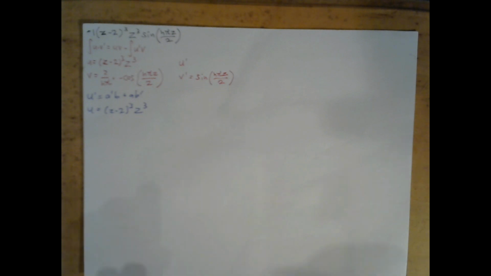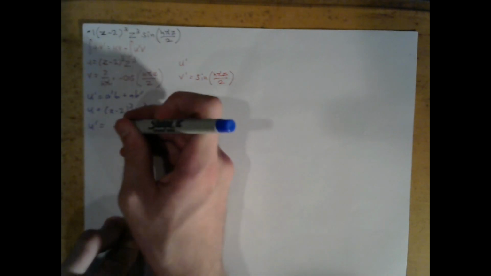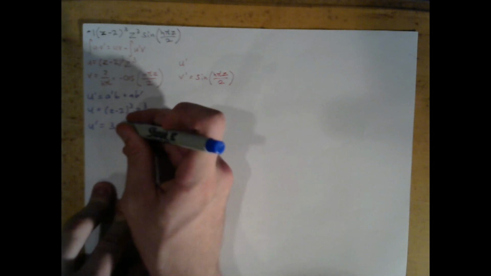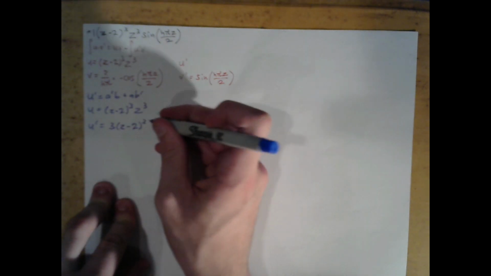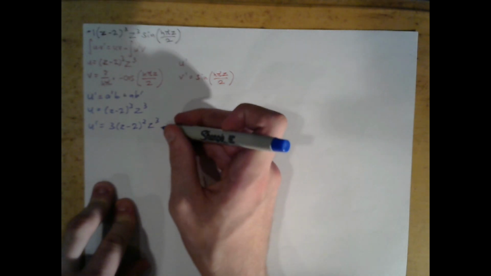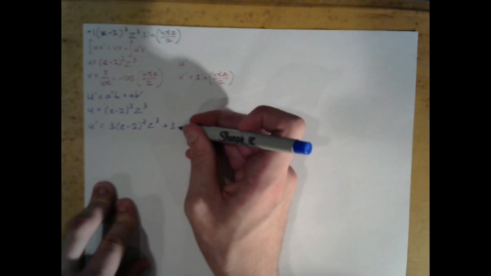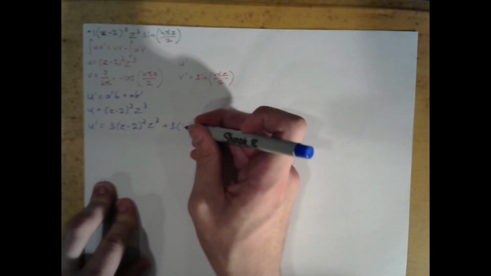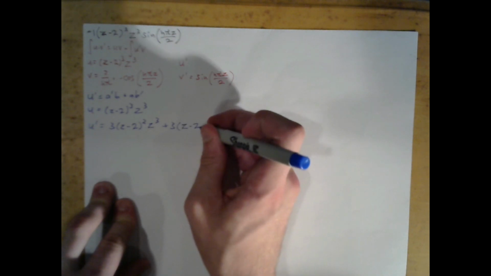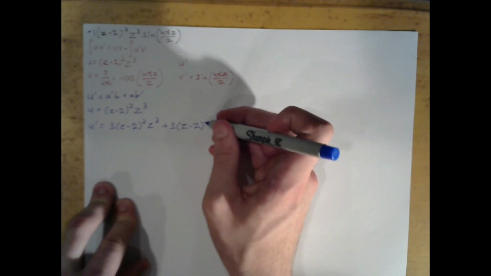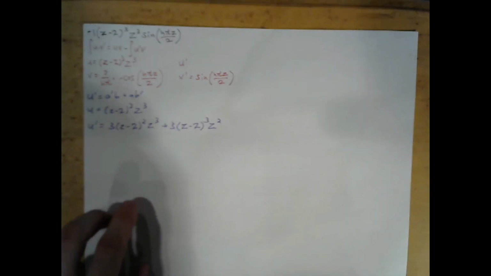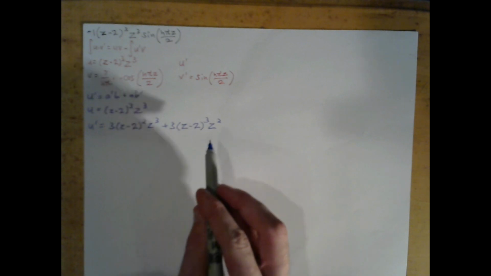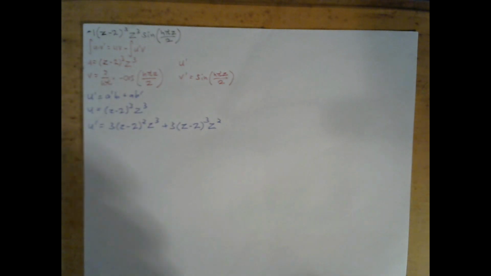So we're going to say that u prime here is equal to 3(z minus 2) squared z cubed plus 3(z minus 2) cubed z squared. Okay. And so the 3 is just coming from in front of the z term, and we've pulled it out to the front.